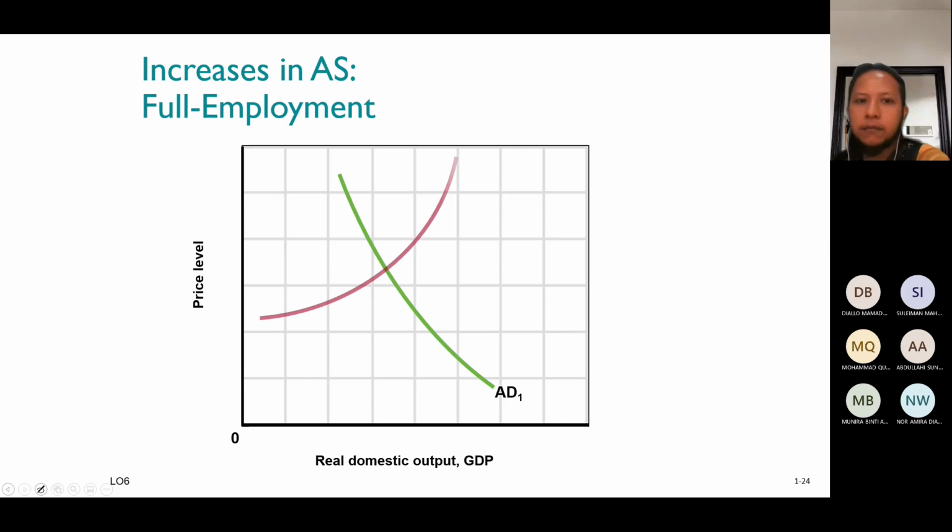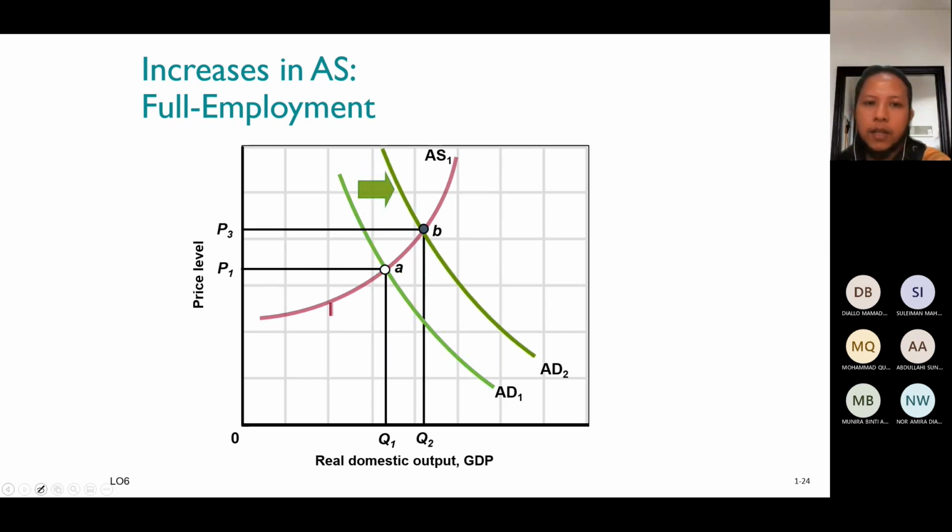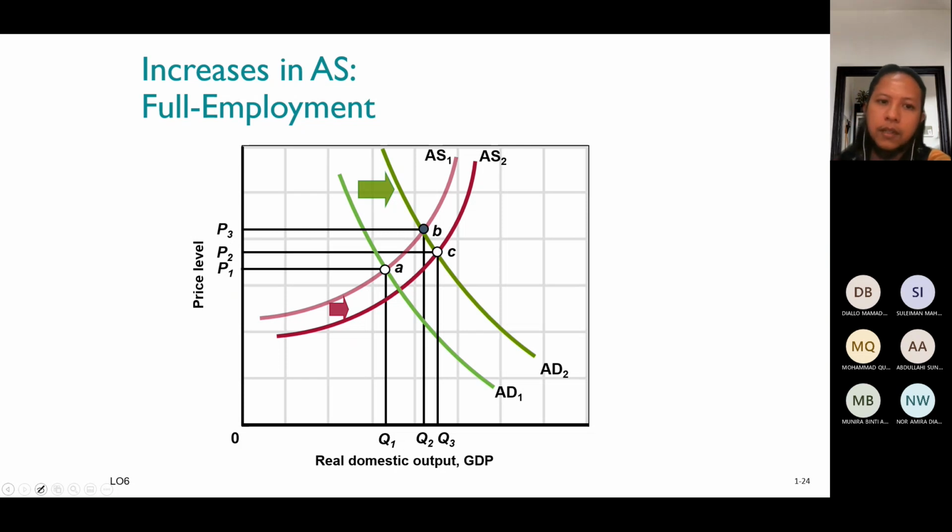So aggregate supply can also increase because of the higher employment levels. In this case it is full employment, and basically for an economy the aim is to move to the right in terms of GDP figures.